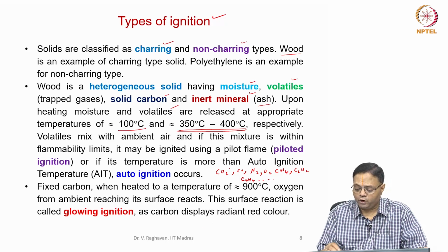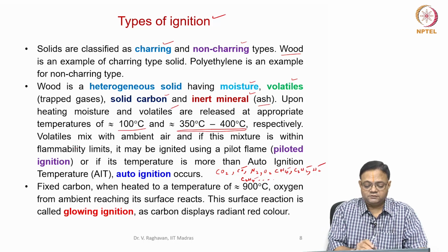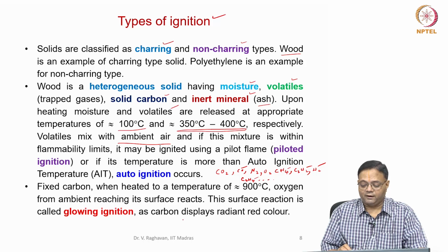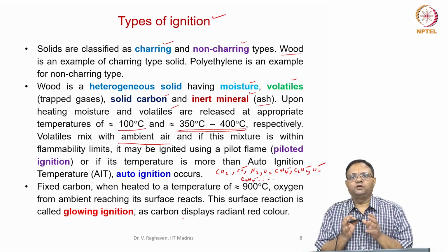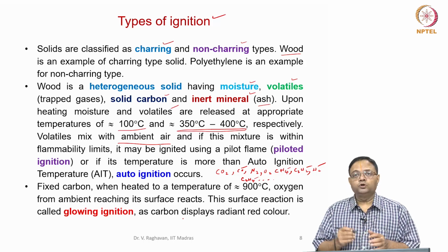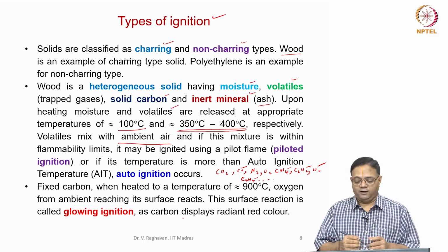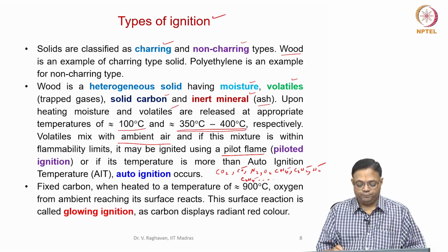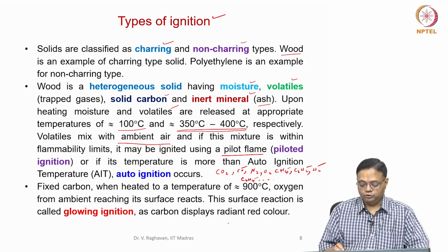These volatiles have fuel components, say CO, CH4, even H2, a very important component, then C2H4 etc. These fuel components mix with the ambient air and form a mixture within the flammability limit. Basically, we are talking about the mixture reaching the lower flammability limit, so that when you introduce a pilot flame, then ignition occurs. So, piloted ignition is possible.